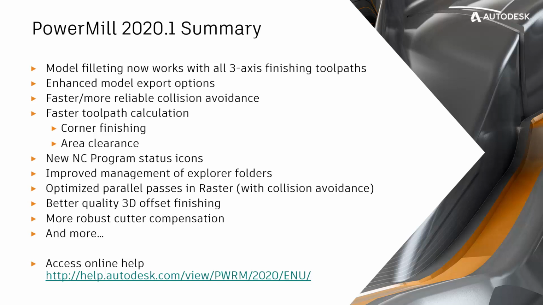And that's by including things like the ability to manage multiple folders in your Explorer, the ability to access and optimize parallel paths in Raster, better quality of 3D offset finishing with those localized spikes being removed, and a more robust cutter compensation algorithm inside Powermill as well.